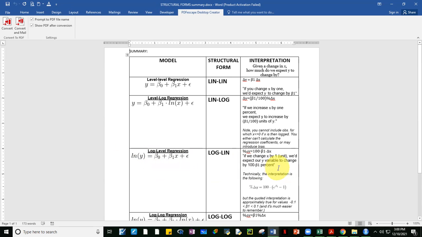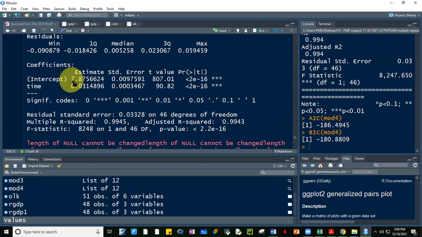Para ang pagbasa natin, for every 1 year increase, there is a corresponding, times 100 mo to, 3.15, tapos lagyan mo ng percent, no? 3.15% increase in output. Okay, increase in output ang pagbasa.